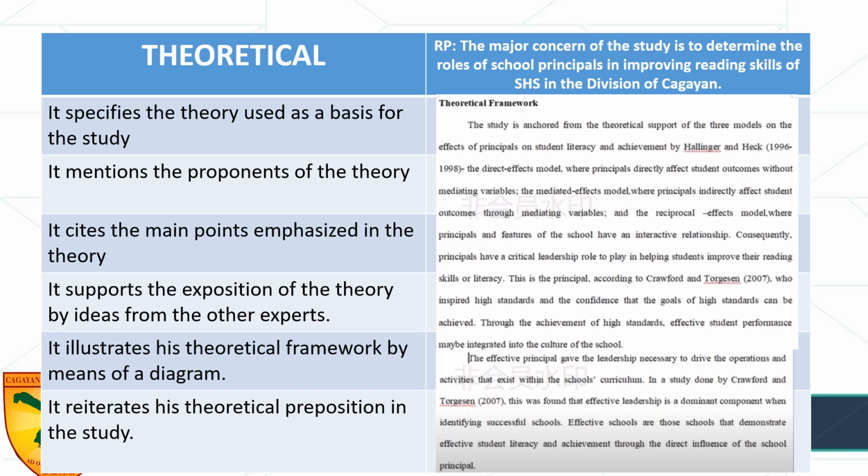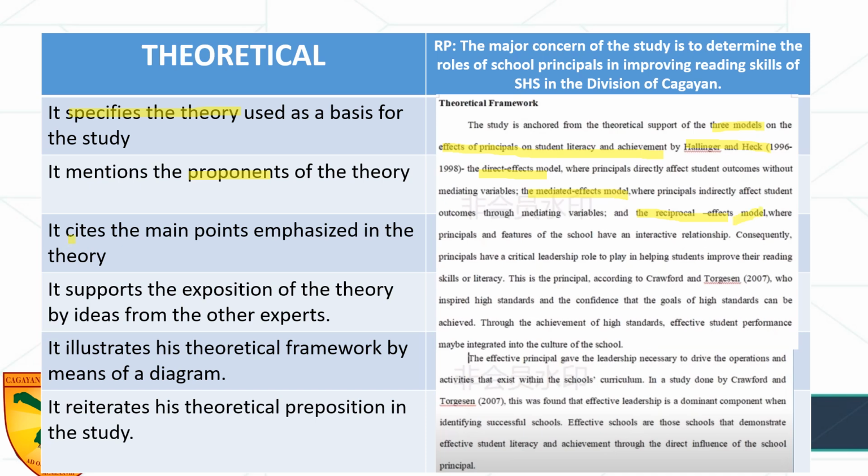So first step, specify the theory. We check here: the study is anchored on the theoretical support of 3 models on the effects of principals on student literacy and achievement, and it mentions the 3 models and the proponents of the theory. This is by Hallinger and Heck in 1996 to 1998. These models are, specifying the theory, the direct effects model, the mediated effects model, and the reciprocal effects model.